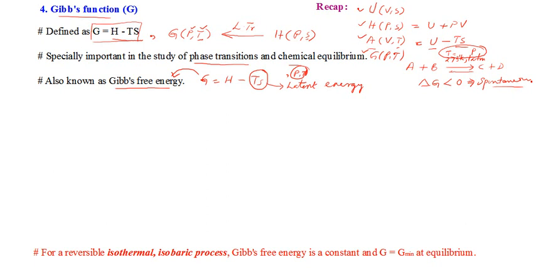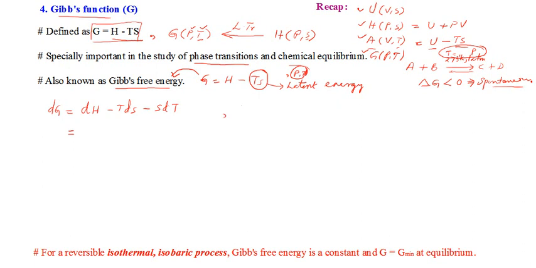Since G is given by that equation, dG is equal to, take the differential on the right side, dH minus TdS minus SdT. It will be quite similar to the previous derivation we have done.